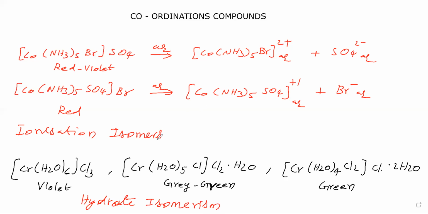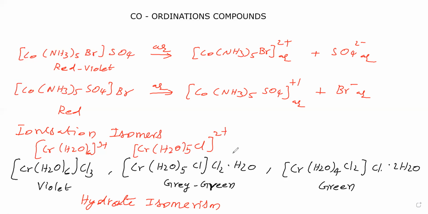How do we say the structure is different? If you take the complex ion alone, [Cr(H2O)6]3+, in this complex ion, water molecules are in coordination. It is octahedral. Here if we take [Cr(H2O)5Cl]2+, it is octahedral, but Cl is there.